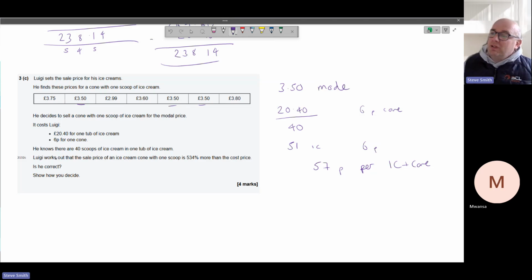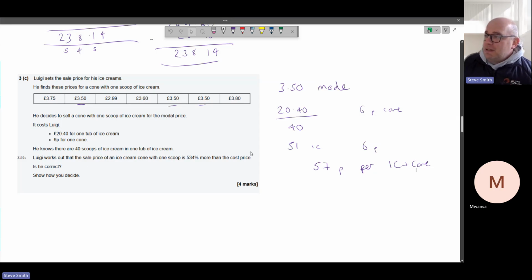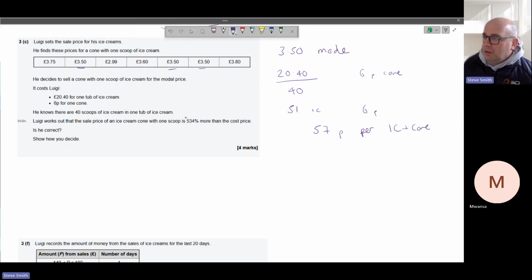Right, Luigi works out that the sale price for an ice cream cone with 1 scoop is 534% more than the cost price. Is he correct? So when we see percentage questions that are over 100%, it's like, whoa, how do we do that? How do we possibly get that much? It's quite straightforward. If I've got 57 times by 100%, that is 57 times by 1.